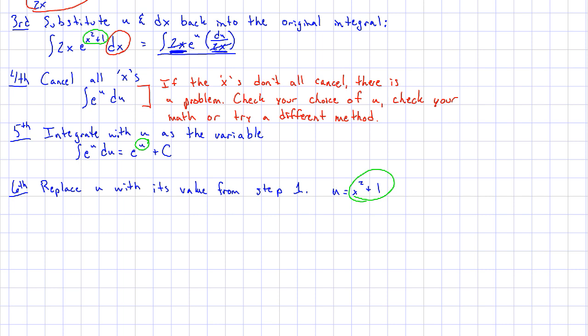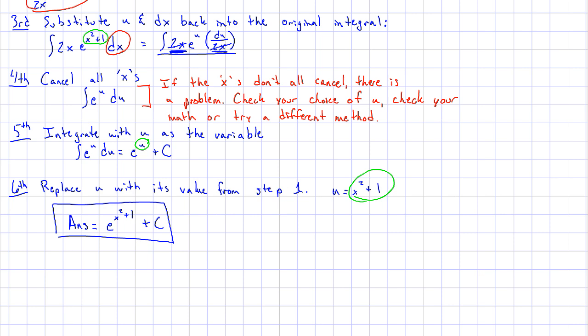And I get the answer is e to the x squared plus 1 plus c. So that is kind of the most basic form of u-substitution.